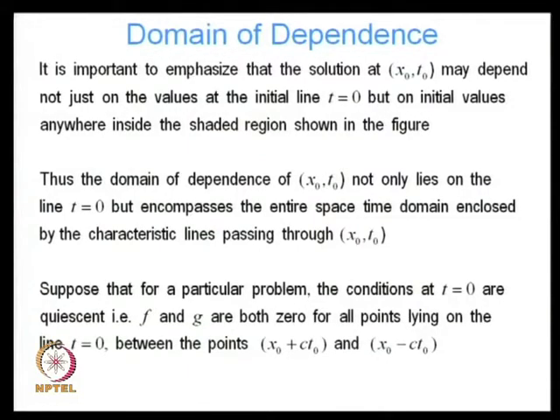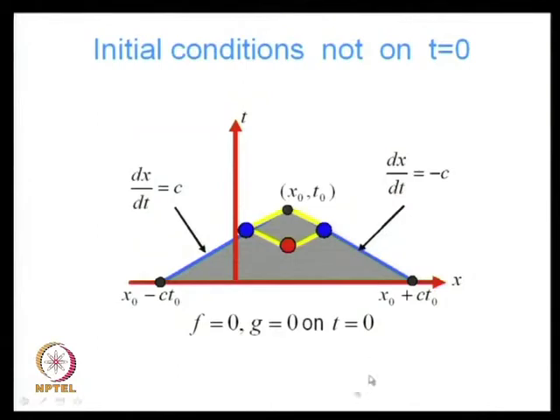So, basically I am saying that along this line my initial condition says phi is equal to 0 at time t is equal to 0, phi dot is equal to 0. Initial condition says there is absolutely 0 displacement, 0 velocity.